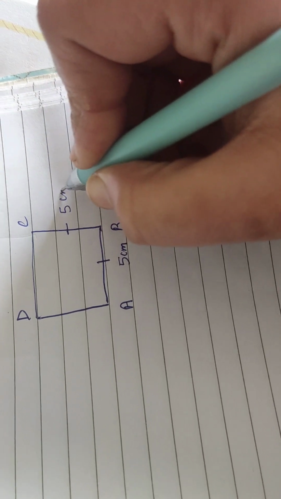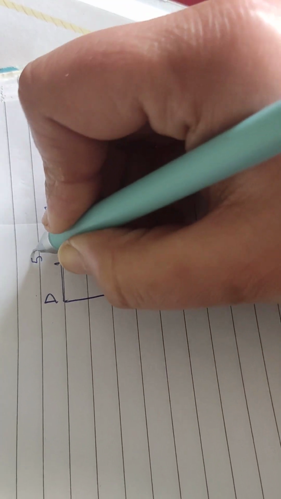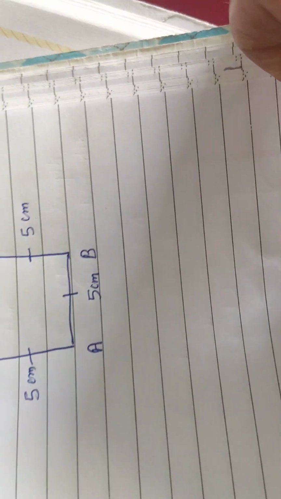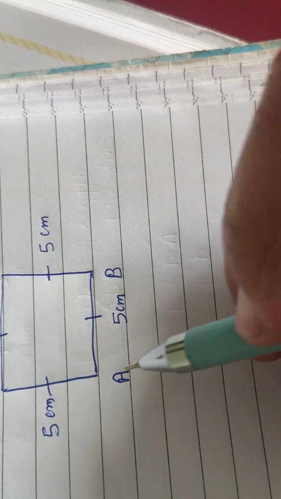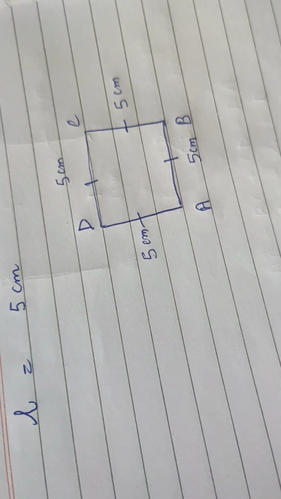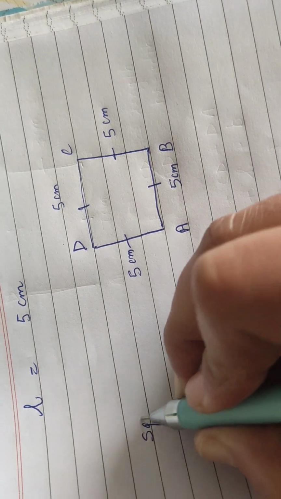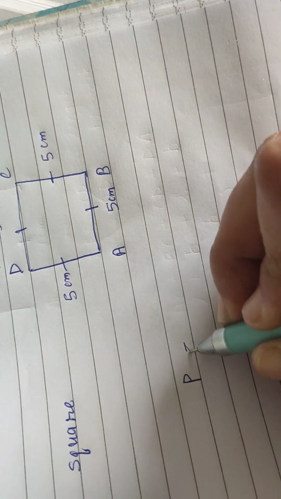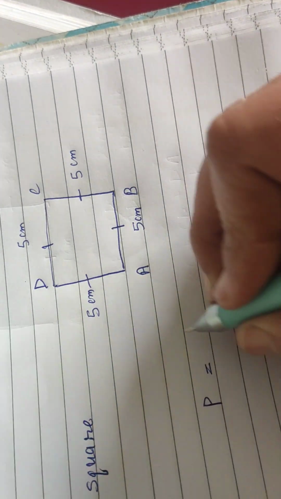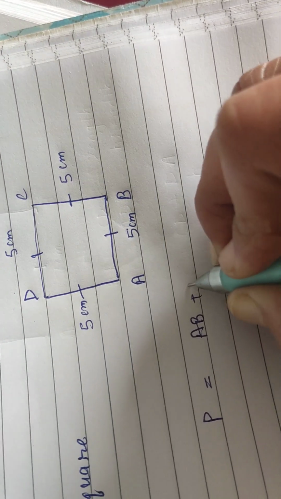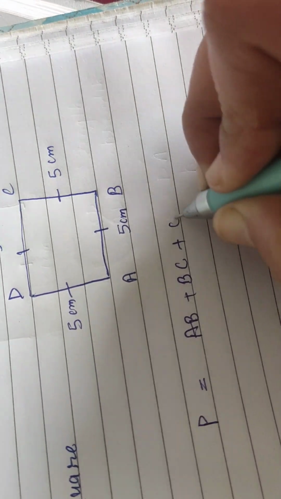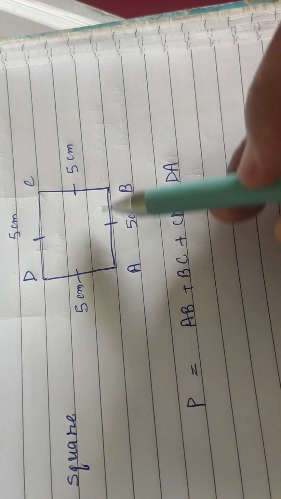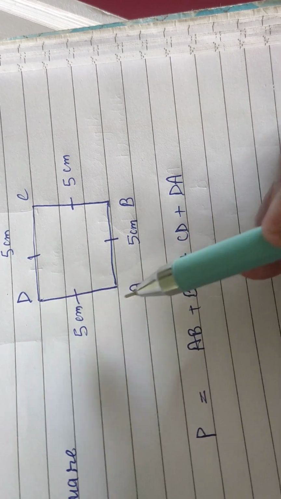Then BC is 5 centimeter, CD is 5 centimeter and AD is 5 centimeter. Now if I want to find the perimeter of this square, what do I have to do? We know that perimeter is equal to the sum of all sides. AB plus BC plus CD plus DA.